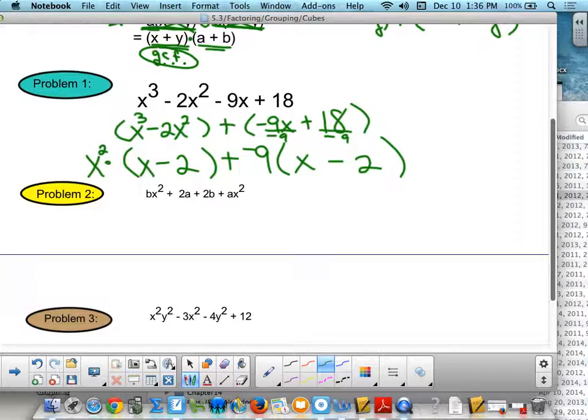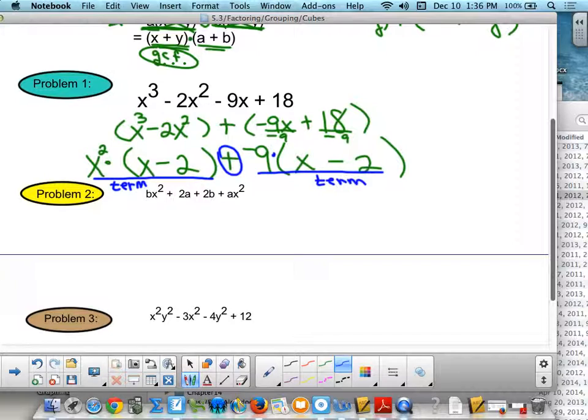Now, here's what students don't quite understand. What does the plus sign do? The plus sign separates terms. This number times this number is a term. This term plus this term. You tell me, these 2 terms, do they have a GCF? Is there something in common?